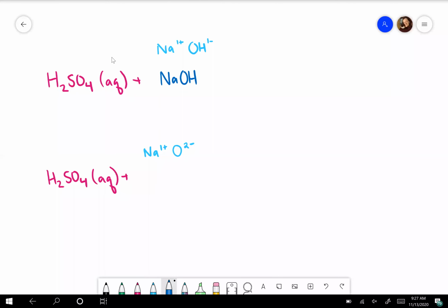And that could either be in a crystalline form. That's generally how we get it. So we get in our deliveries a big container that looks like a big pill bottle, like a vitamin bottle, that has little pellets of these little crystalline NaOHs.